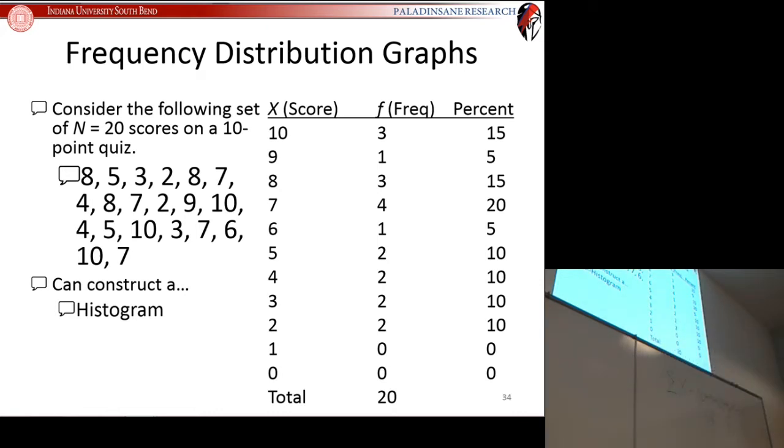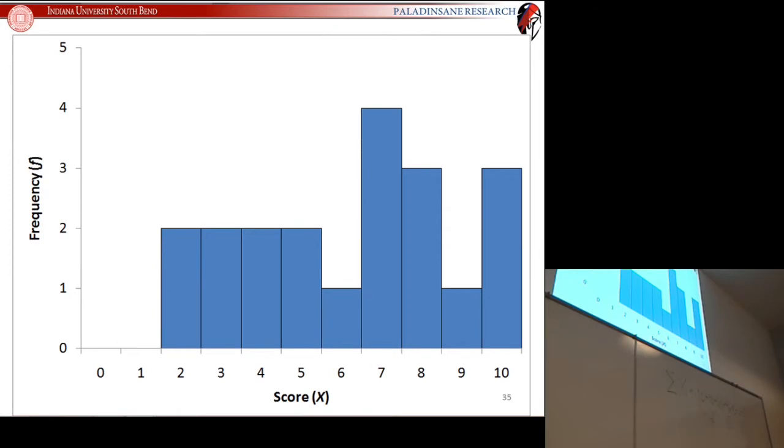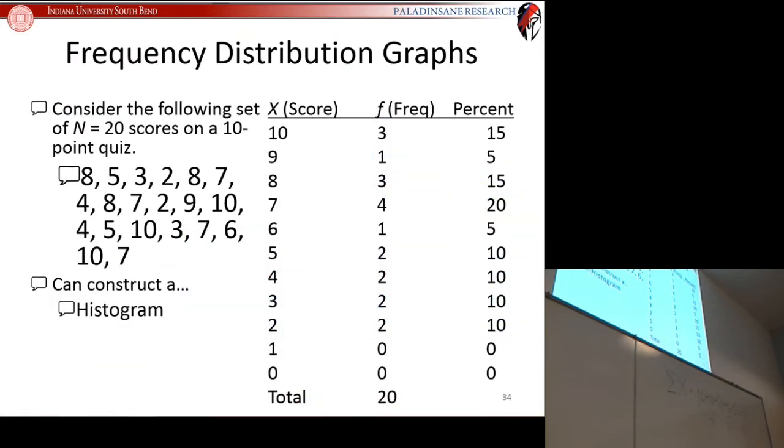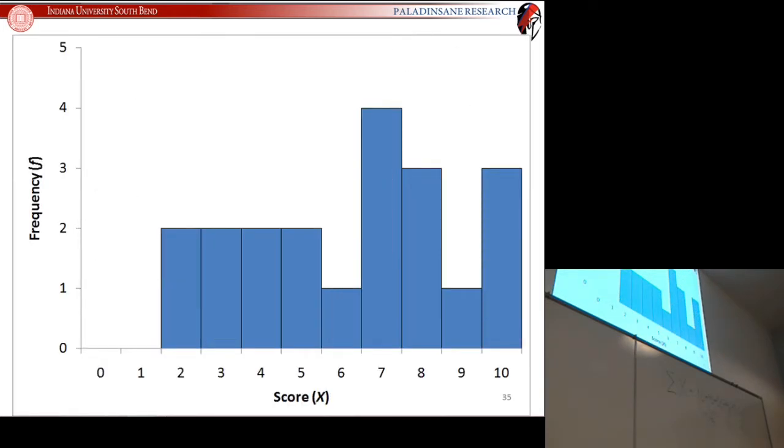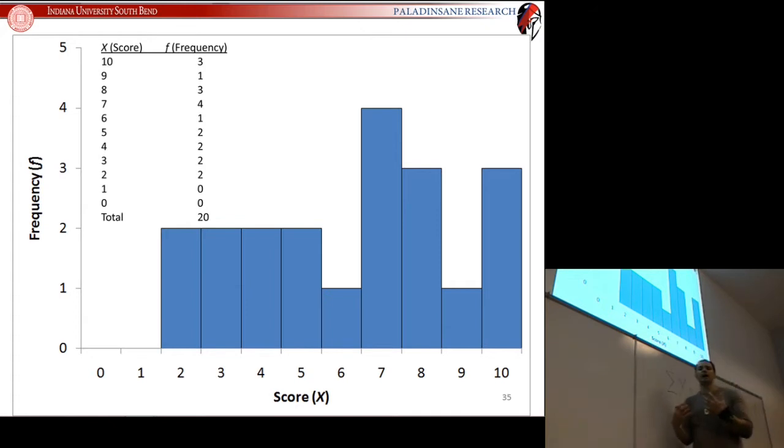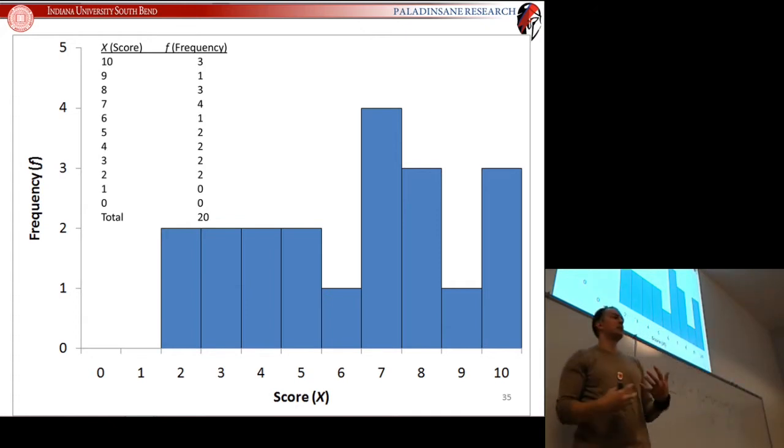But a histogram is the graphical form of this information. So there is that information in histogram form. Again, table, possible scores, here are the frequencies; in your histogram, possible scores, here are your frequencies, and you can see that it's exactly the same as that particular table.